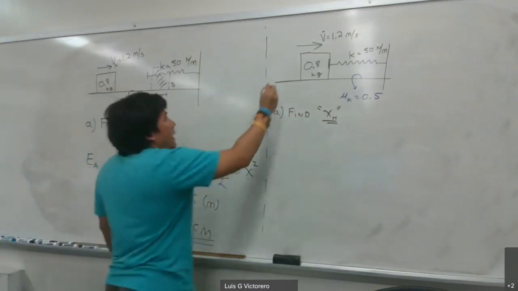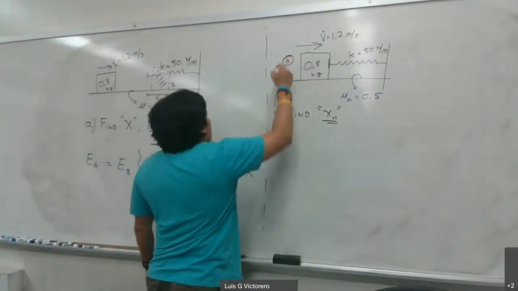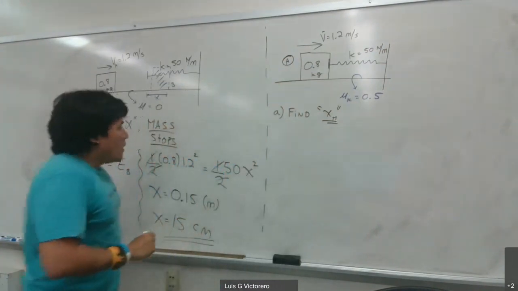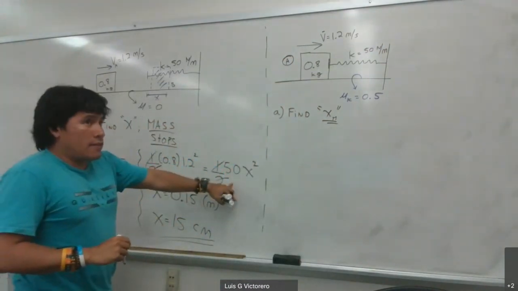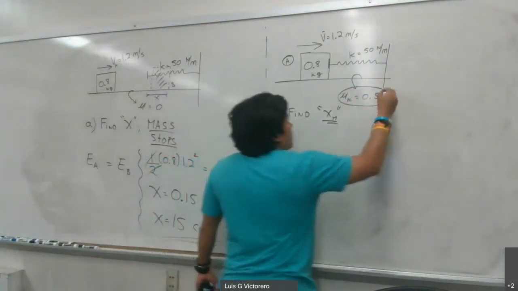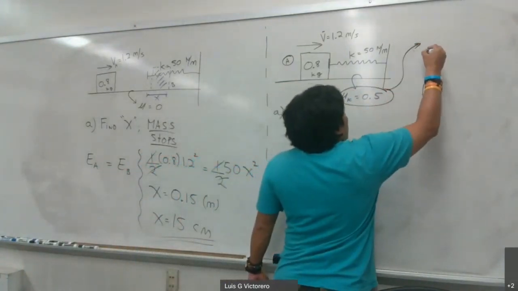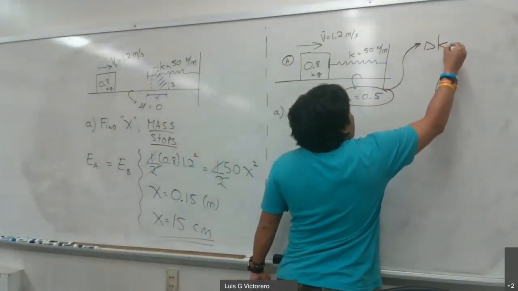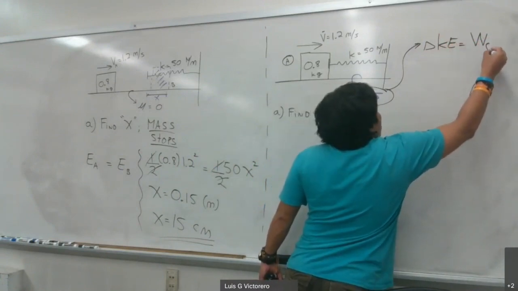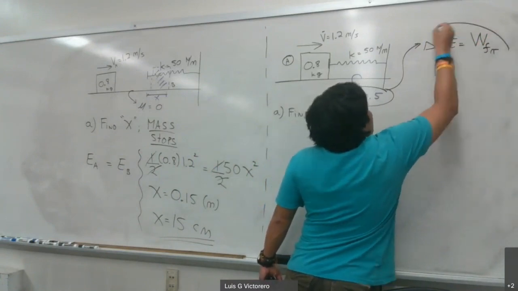So position A is sort of the same as that. Position B will also be this. But now, due to friction, the change in kinetic energy is equal to the work done by friction.